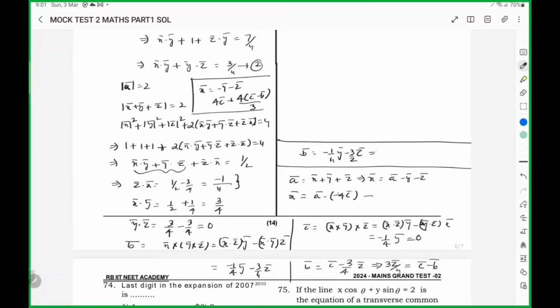From here 3z/2 is C̄ minus Ā, where z̄ will be 2/3 (C minus A). After simplification, we get 3Ā plus 4B̄ plus.